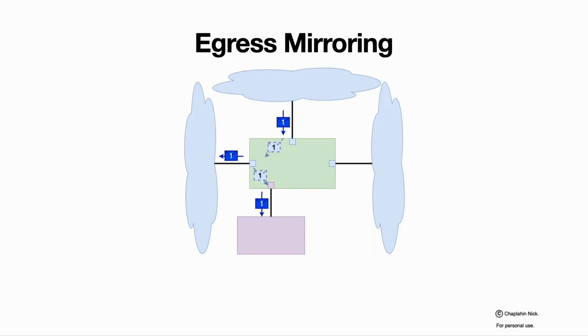We are copying only, and as many, frames as are destined to egress our system through the source port, source interface. If none, then nothing will be copied and sent.